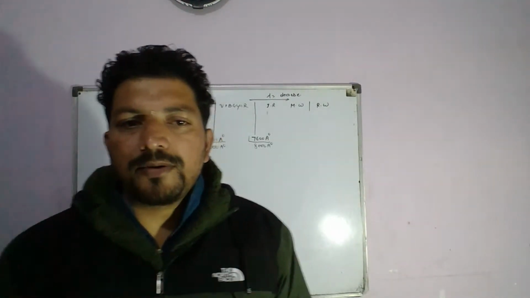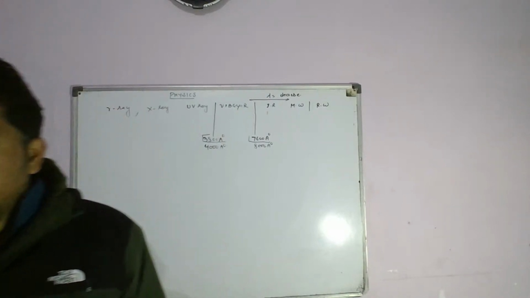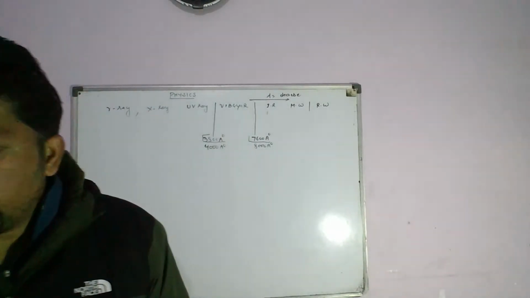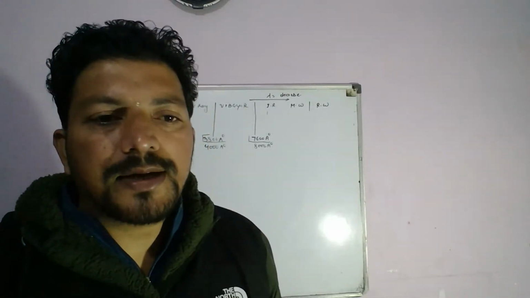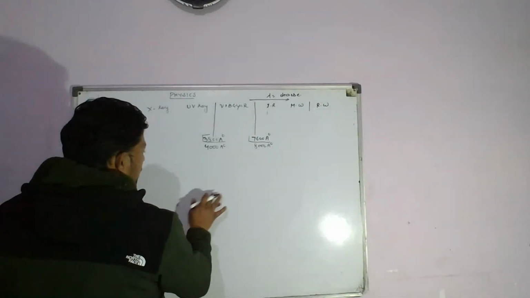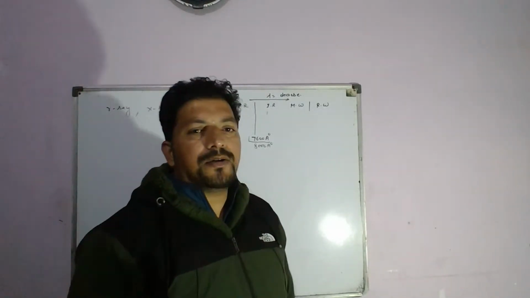So the particular definition of light: light is the part of the electromagnetic spectrum which helps us to see the various objects. After that, I just told you optics can be divided into two parts.